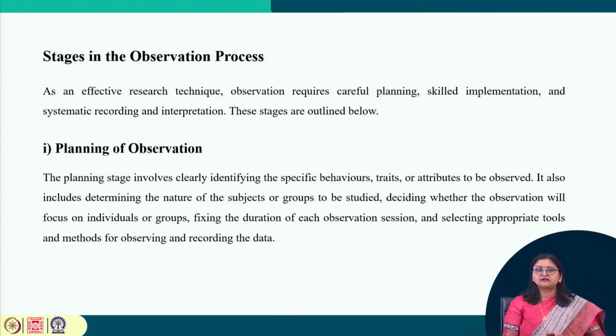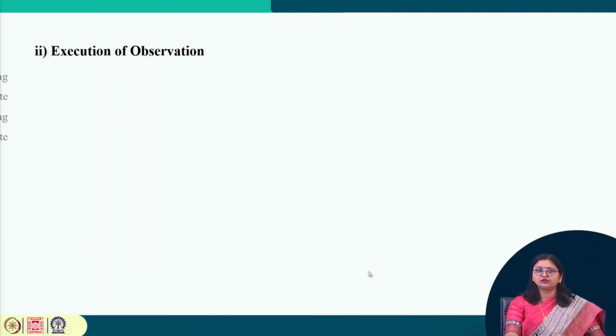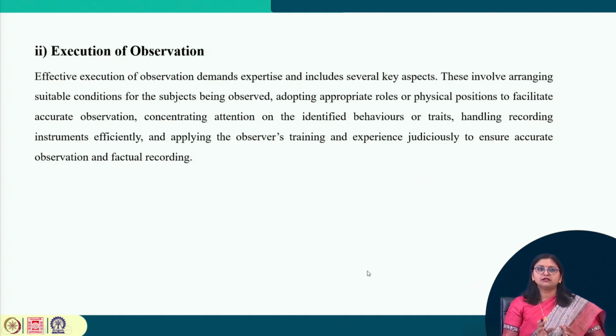The planning stage involves clearly identifying the specific behavior, traits, attributes to observe, and it also includes determining the nature of the subjects or the groups to be studied, deciding whether the observation will focus on individual or group, fixing the duration of each observation session, and selecting the appropriate tools and methods for observing and recording the data. Like you are going to prepare the observation schedule or some checklist, or you are going to record it on videography or audio recording, something you have to decide in the planning stage.